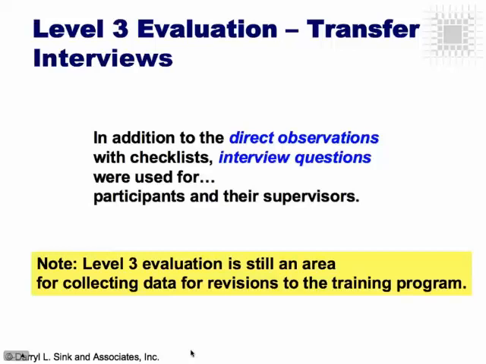That is, once they're back on the job, are they doing it the way they were taught and to the standards? There may be something about the training program that could be improved. Often it's a lot of other problems for why they're not using it the way you taught them, but some could go back to the training program. So this continuous improvement, formative evaluation, can even occur after the training's over and you're looking in the field.